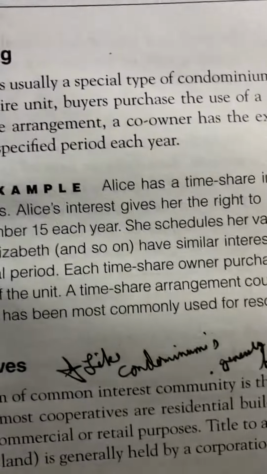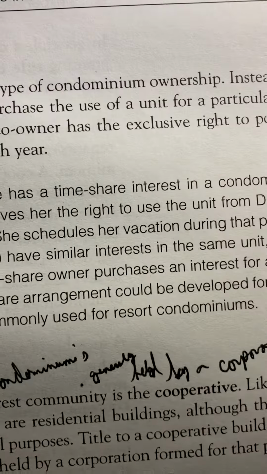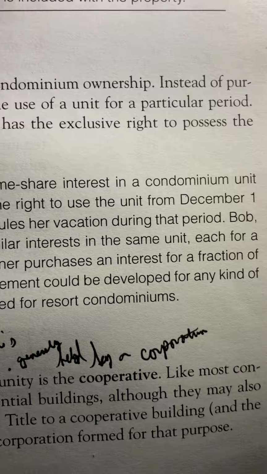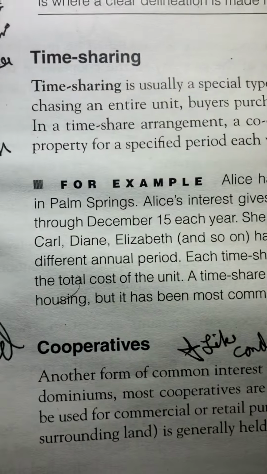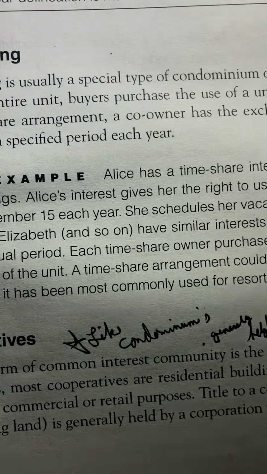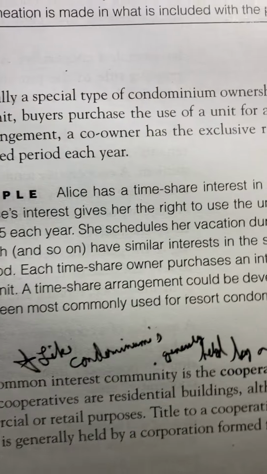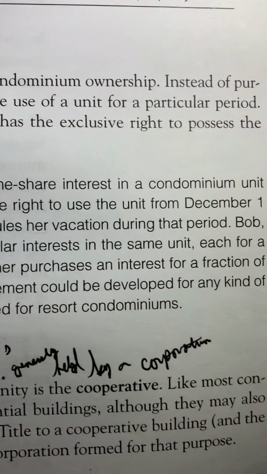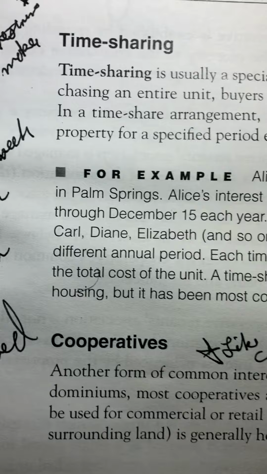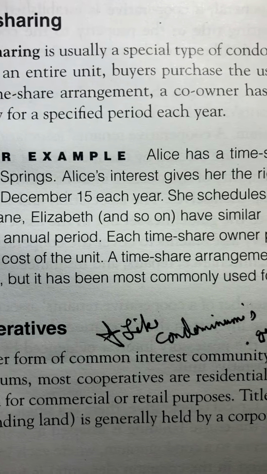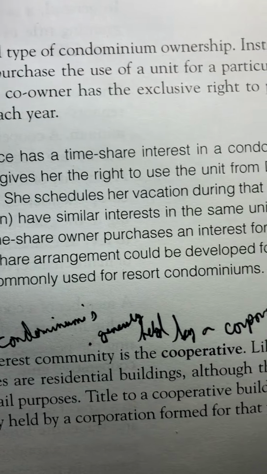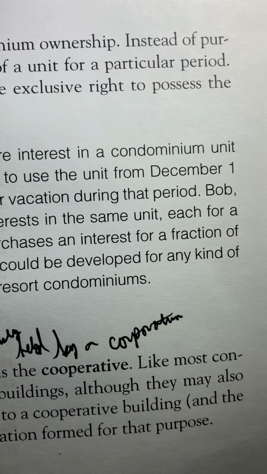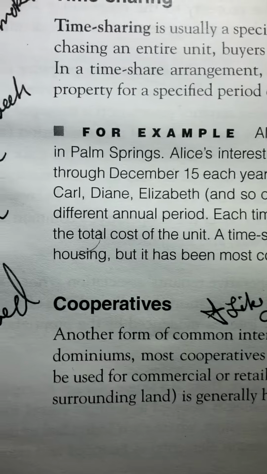For example, Alice has a timeshare interest in a condominium unit in Palm Springs. Alice's interests give her the right to use the unit from December 1st through December 15th each year. She schedules her vacation during that period.